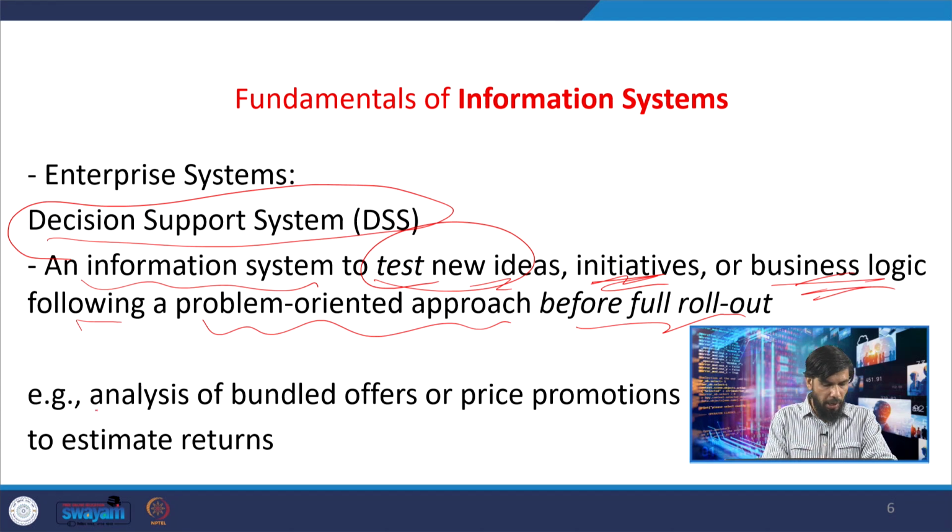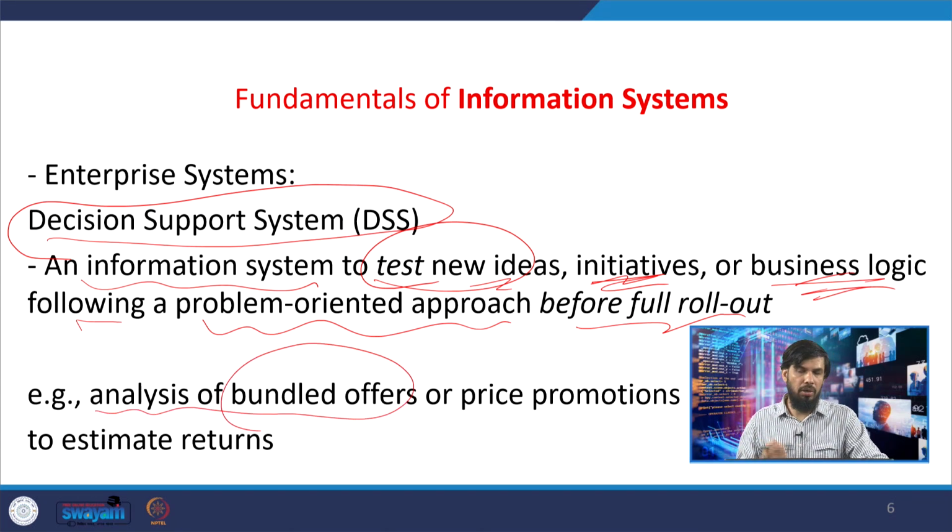So for example, analysis of bundled offers, right. If for some reason demand is on the lower side and somebody gives the idea, maybe we can do bundling, and therefore we can push some of the demand for certain products. Bundling offers might increase the curiosity of the target customers, and therefore there might be a little bit of extra sales due to bundling.